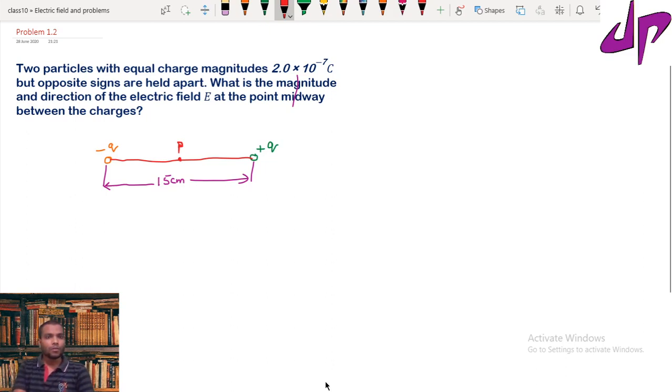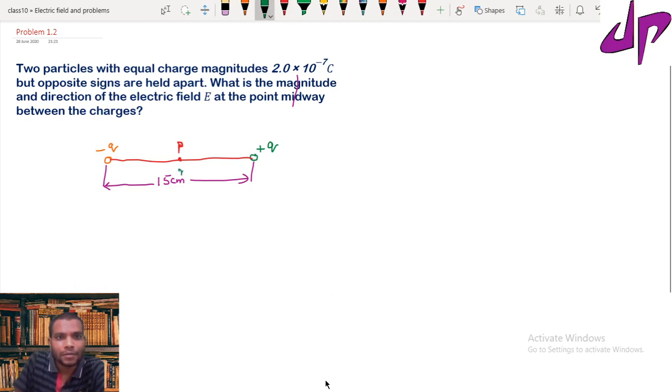Now, to do further solution, I am taking an assumption that the distance between them, instead of 15, I would assume let it as x.